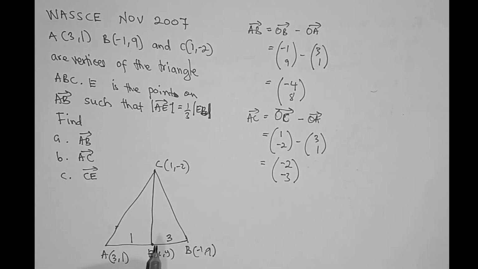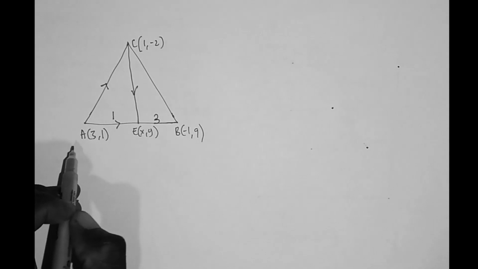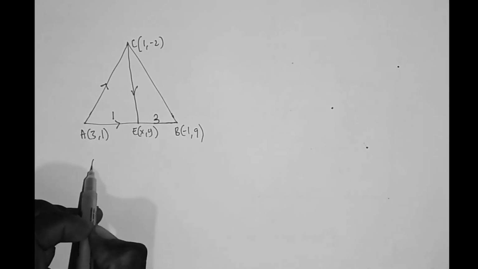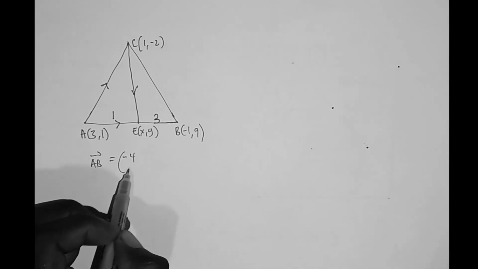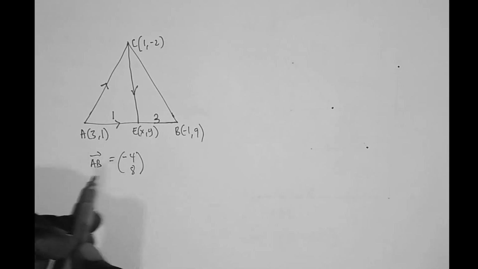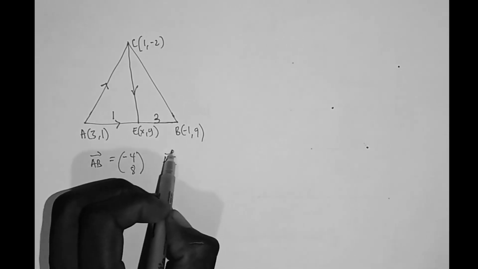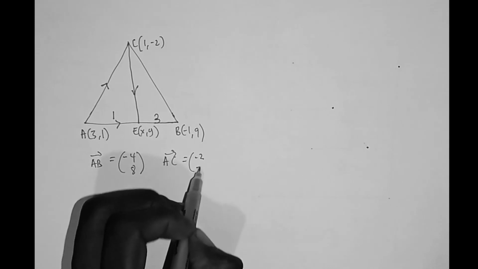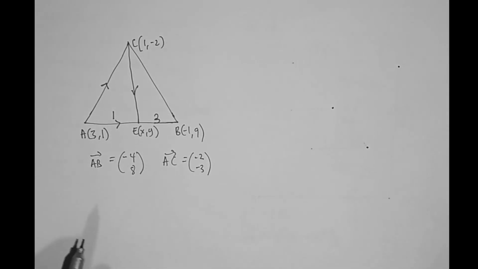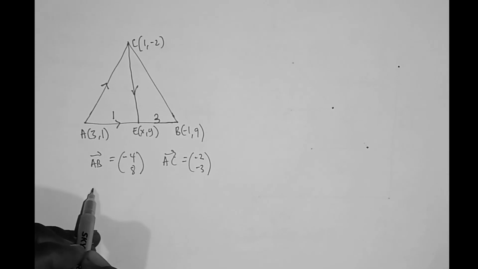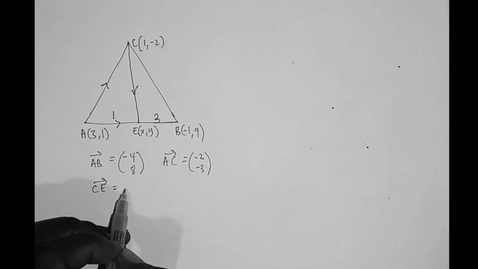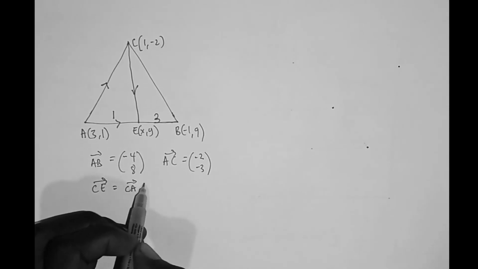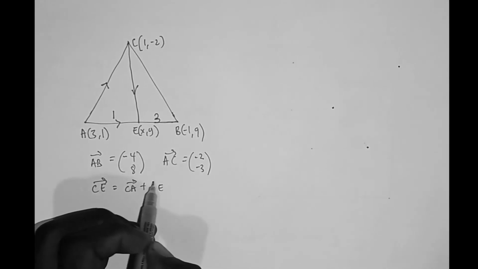So now we are supposed to find vector CE. So we found vector AB as -4 and then 8, and then vector AC as -2, minus 3. So we are looking for vector CE, and we know that CE is equal to vector CA plus the vector AE.